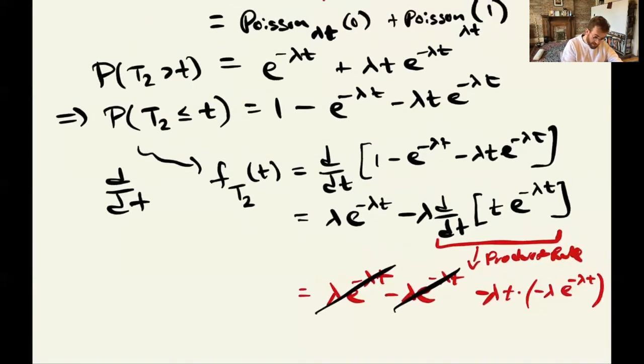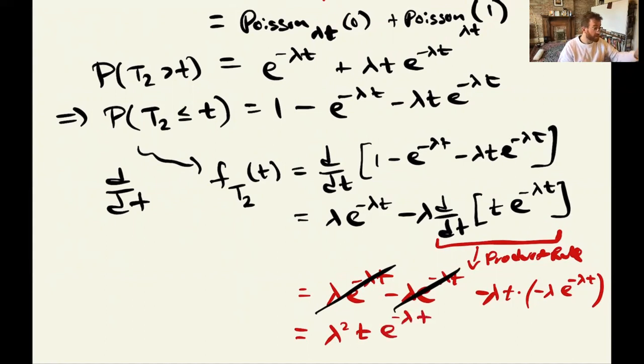And what I'm left with, I guess keeping it in red, looks something like lambda squared t e to the minus lambda t.